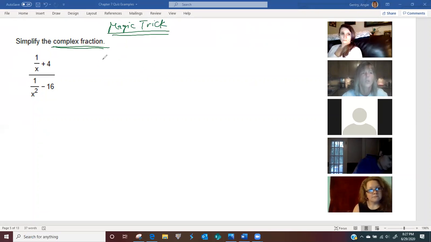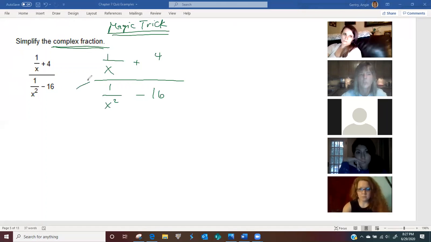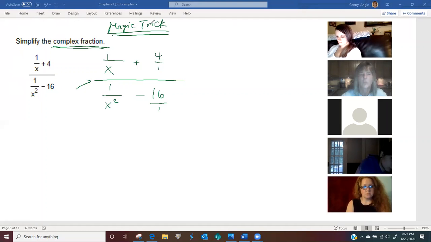So what you're gonna do is multiply each... you look at these as 4 individual pieces, okay? This is called a main fraction bar. It's a big old fraction bar. And then you have fractions upstairs. So you want to think about what is my numerator and what's my denominator, okay? And magic trick, just put it on there.